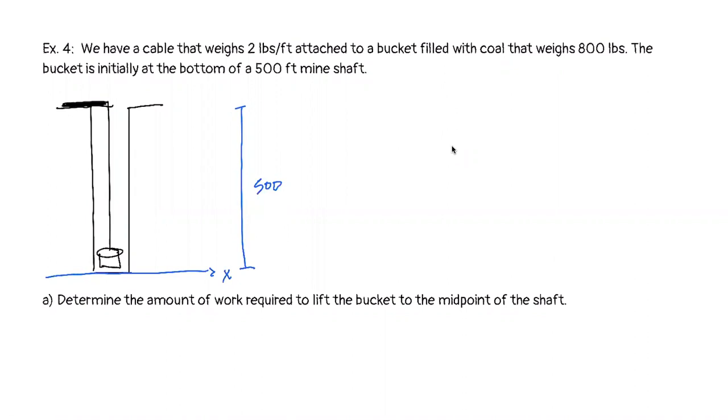So at the beginning, the distance is 500. But what happens if the bucket gets up to halfway? How much more distance does this bucket have to go? 250. 250, right. And what if the bucket was almost close to the top, let's say it's traveled 400 feet. How much more distance do we have to raise that bucket? 100. 100, okay.